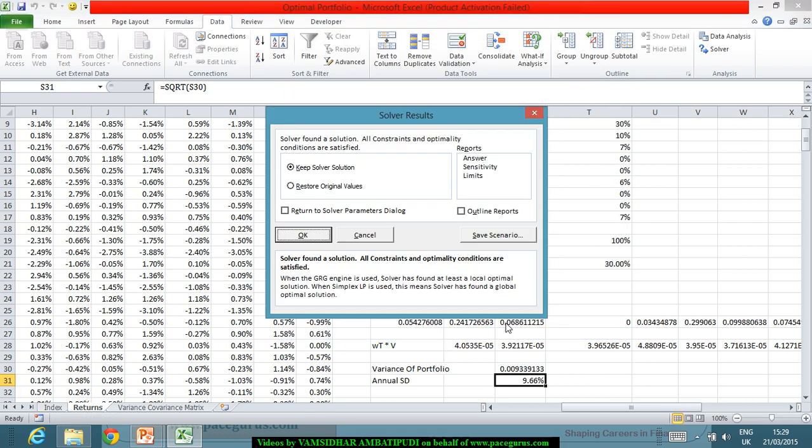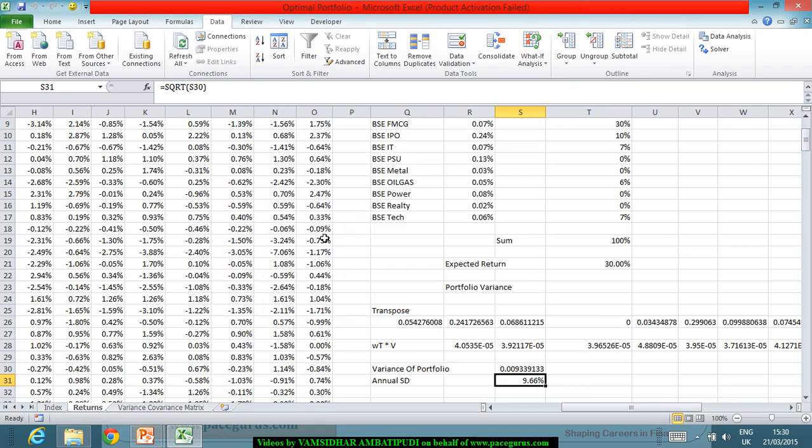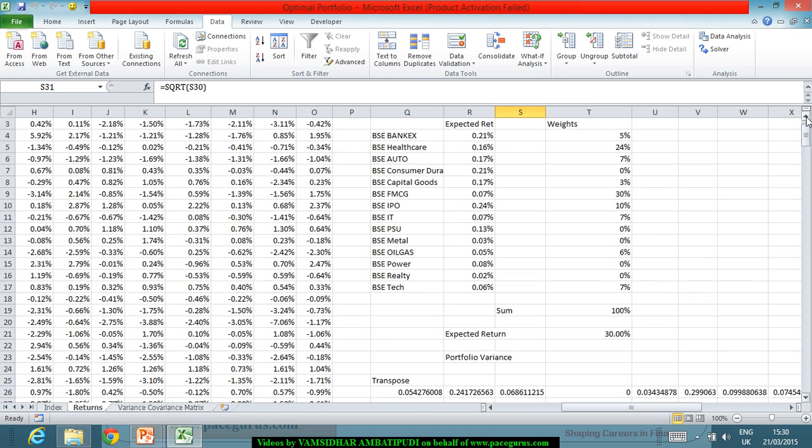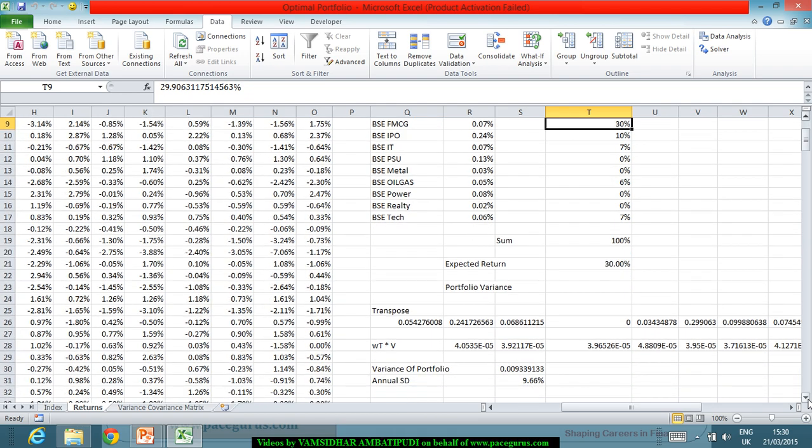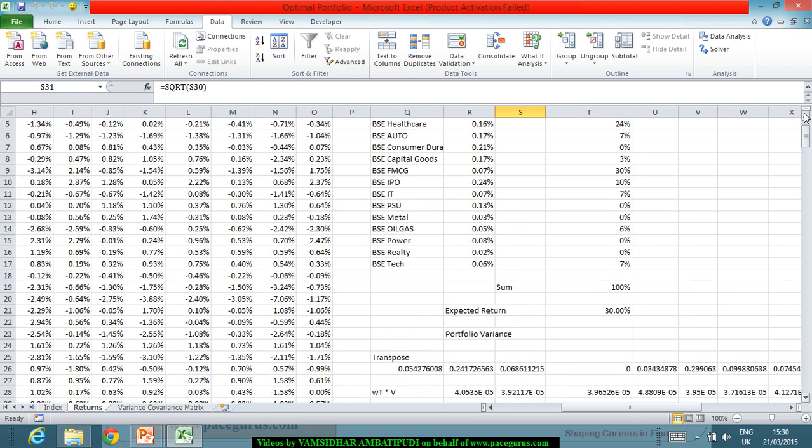Now it says, if you are really targeting a 30% return, this is the best combination. Look at healthcare, increase your investment in IPO, in FMCG, which are generating the least possible risk for a 30% return. Your annual risk is only 9.66.